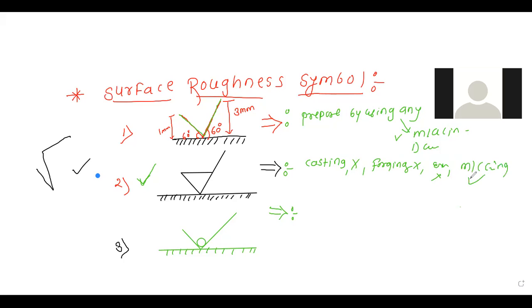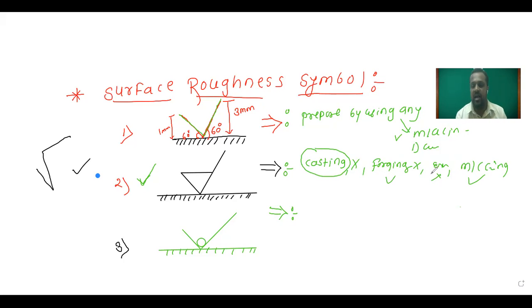Because in the casting process the material removal does not take place, and in forging also there is no material removal. But we have to prepare this component with the help of the machining process.